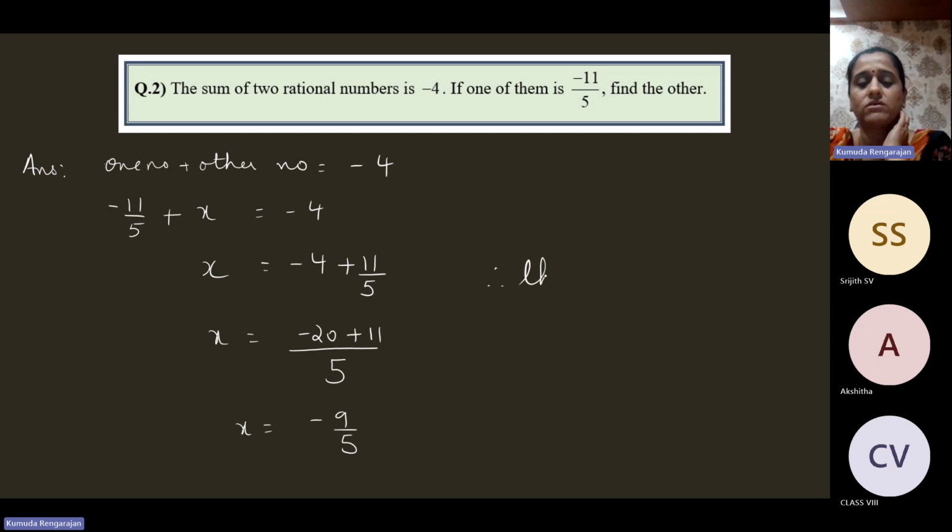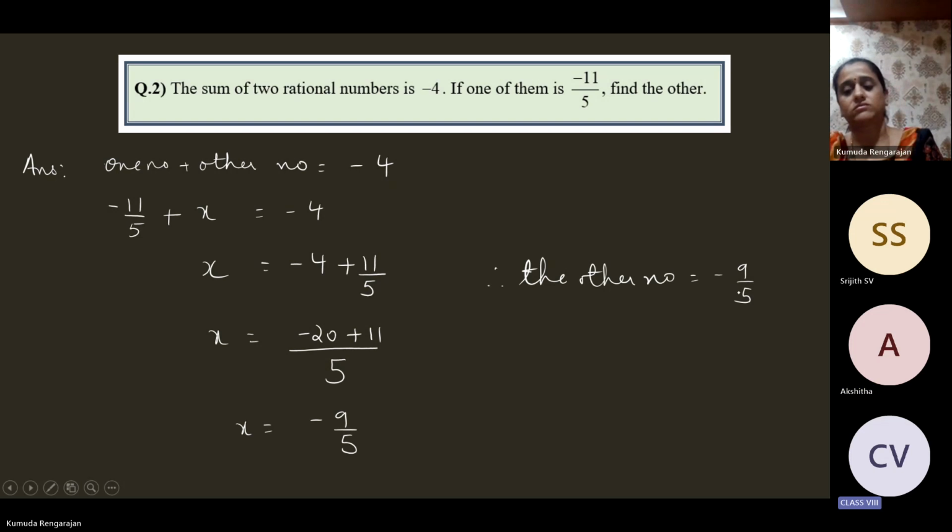Therefore, the other number is equal to minus 9 by 5. From here you'll have to start writing. Take down quickly.